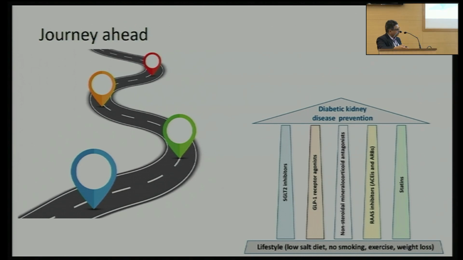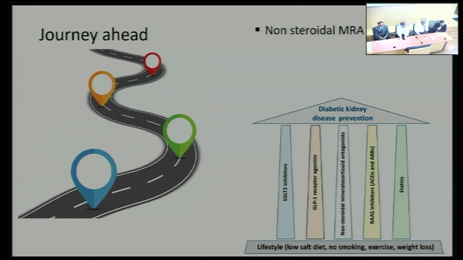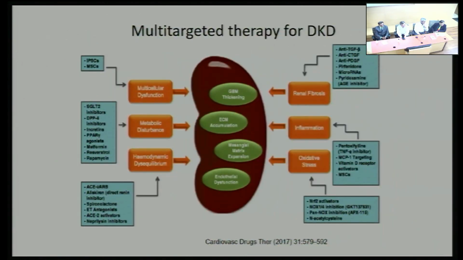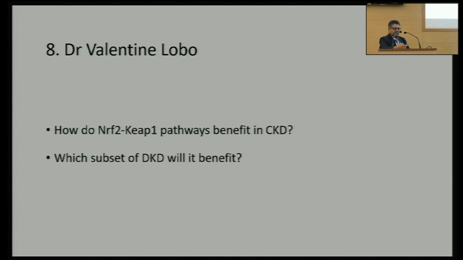GLP-1 receptor agonists have shown beneficial effects in kidney disease. Now other pathways are also available, like the Nrf2 pathway, which is the detoxifying system of our body, and they have shown increases in GFR too. Whether they are really worth considering, or in which subset of patients, remains to be seen.